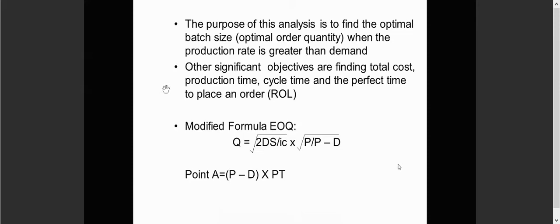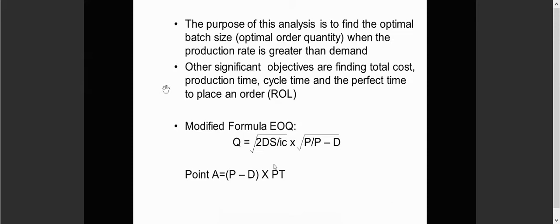Especially when the production rate is greater than demand. Another significant objective of this model is to find the total cost, production time, cycle time, and the perfect time to place an order. So we need to modify the formula of economic order quantity.